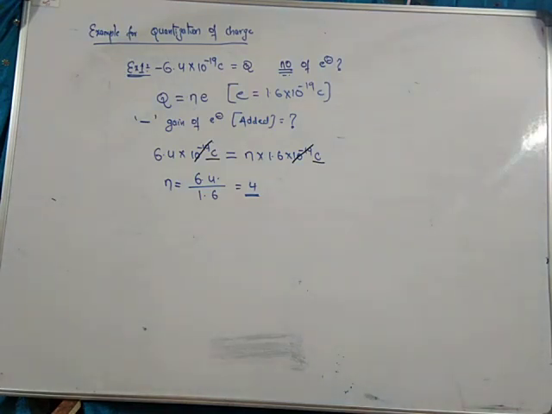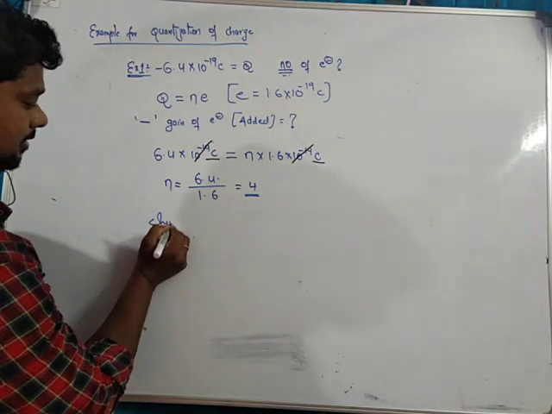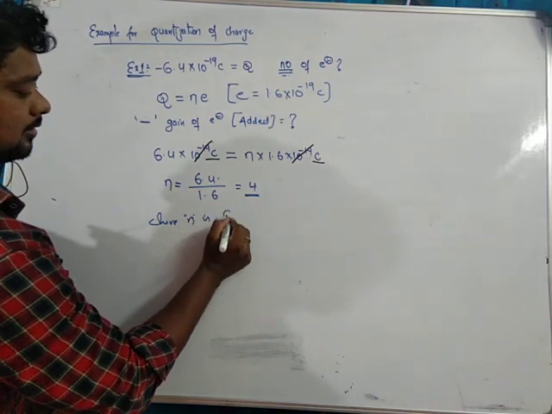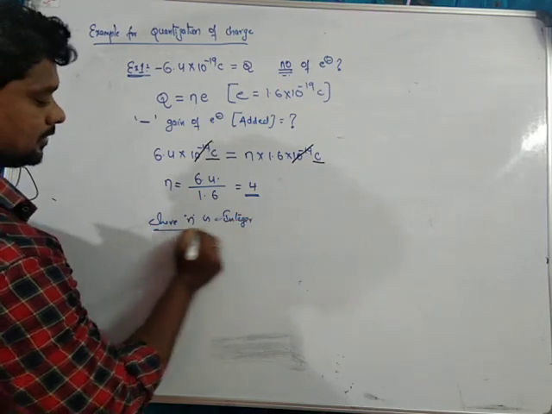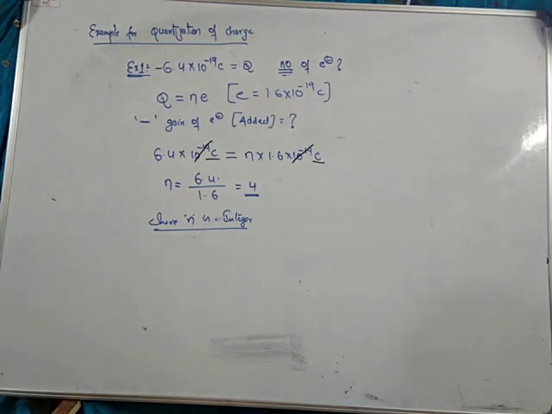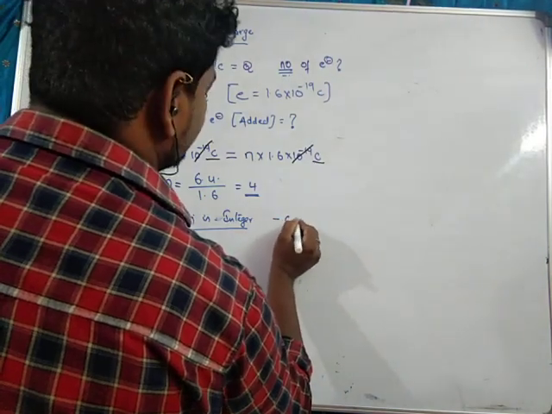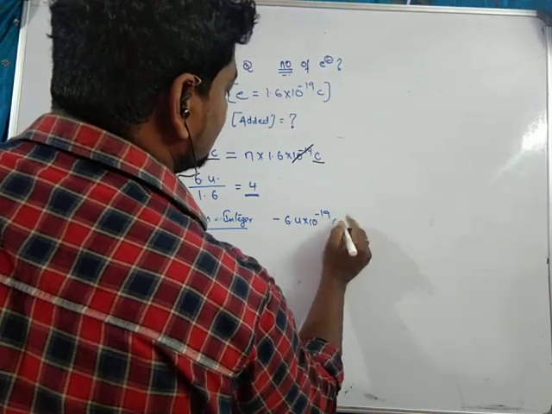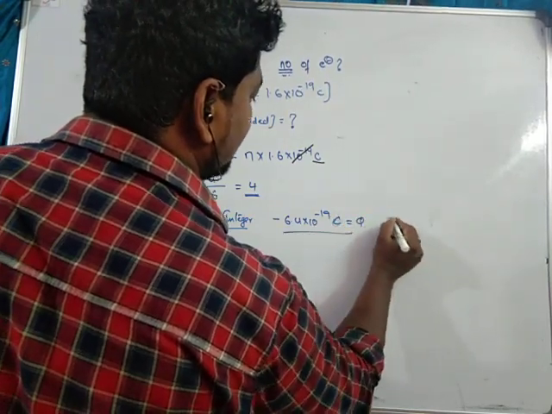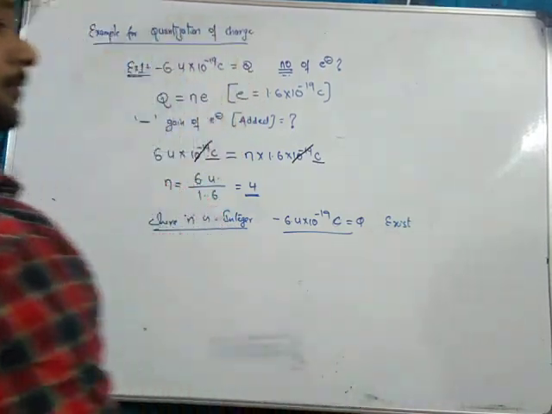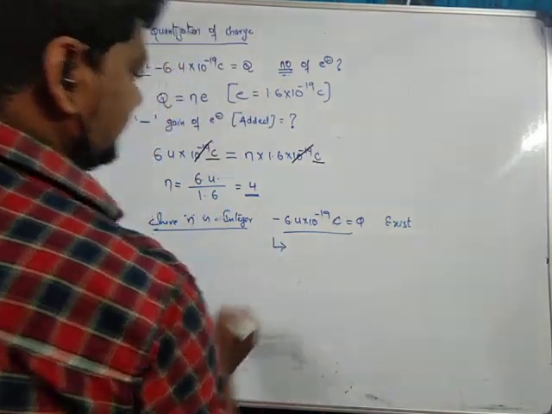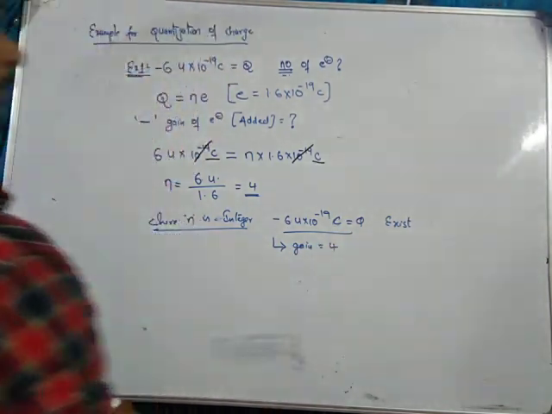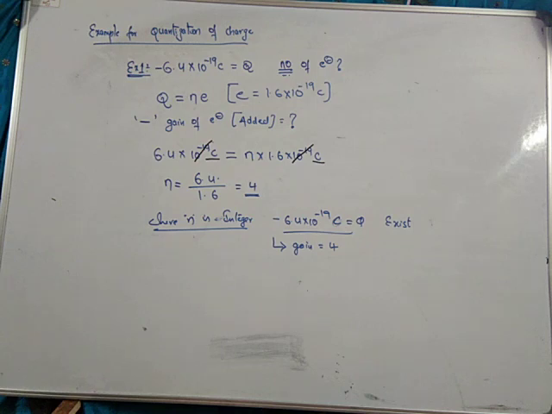Where N is an integer, minus 6.4 into 10 to the power of minus 19 coulombs of charge will exist. Negative means there we have a gain. So how many did we gain? We gain 4. Is that clear?